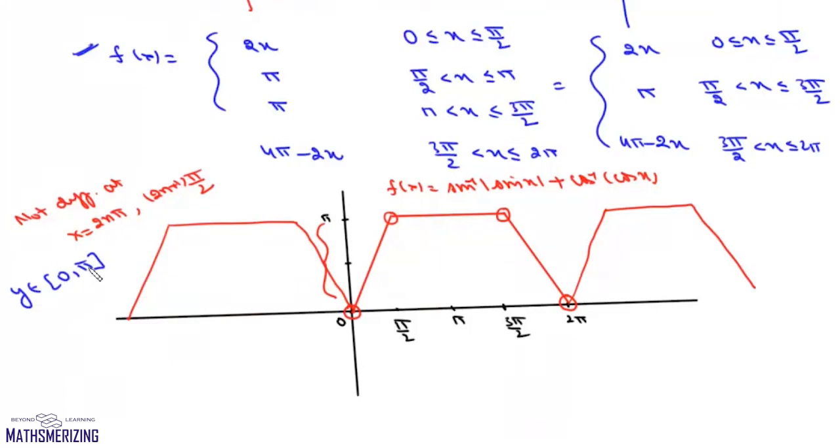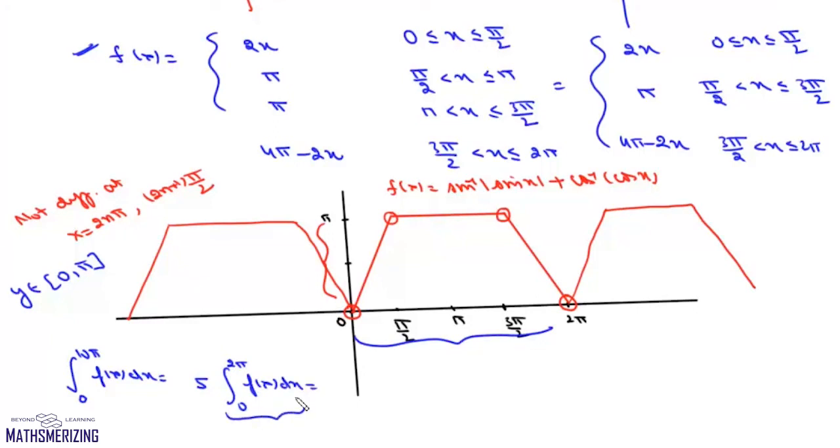Now we need to find the value of this integral from 0 to 10π of f(x) dx. Since this function is periodic with a period 2π and 10π is a multiple of 2π, we can simply write this as 5 times the integral from 0 to 2π of f(x) dx, and this integral is nothing but the area under this trapezium. So we can write this as 5 times 1/2 times the sum of lengths of parallel sides.